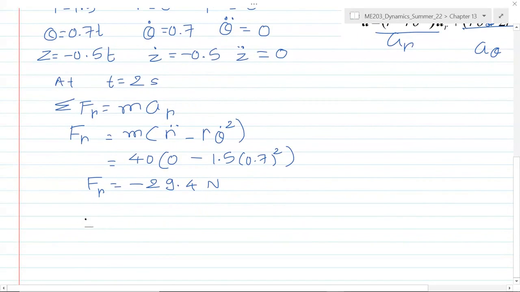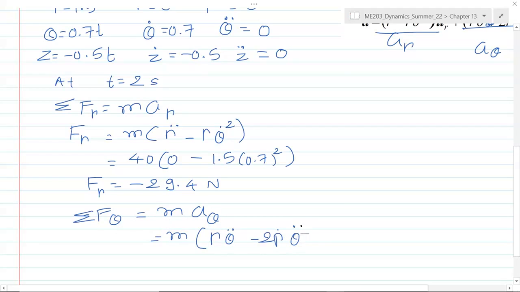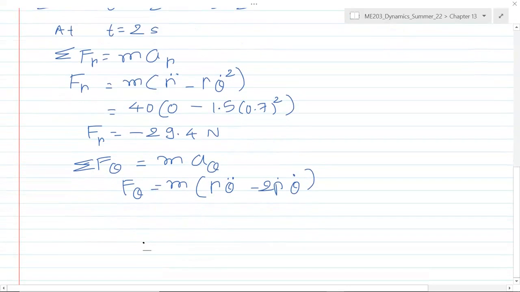Now, the second equation: sum of forces along the transverse direction is equal to m a theta, where a theta is given by r theta double dot plus 2 r dot theta dot. There is only one force along this direction, which is F theta.